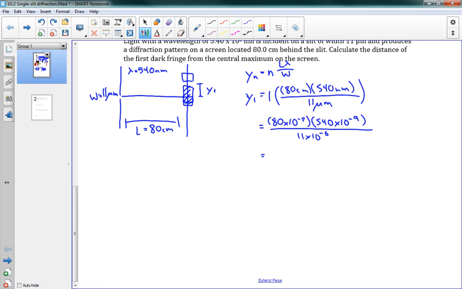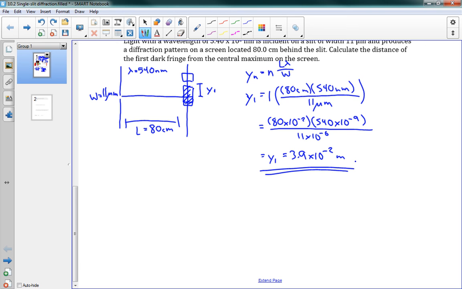Okay, we do all of those calculations, and we get a result of y1 equals 3.9 times 10 to the negative 2 meters. There we go. That's our distance.